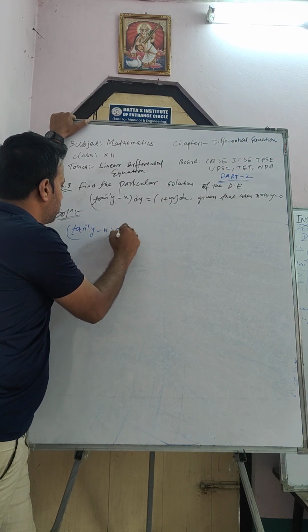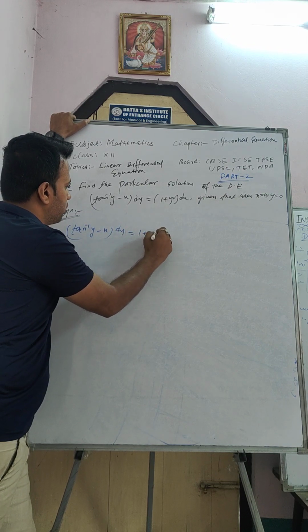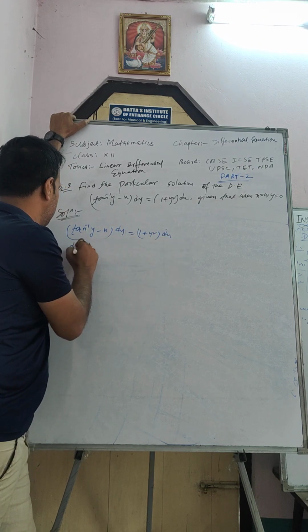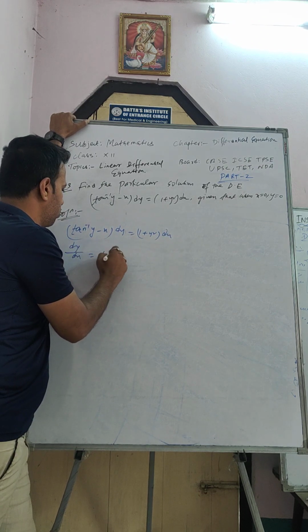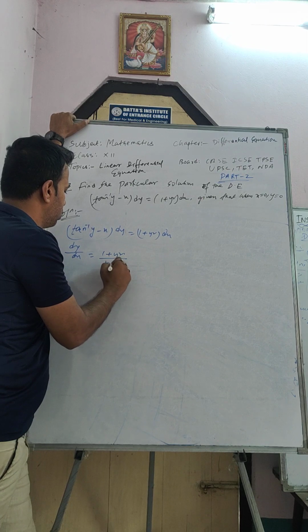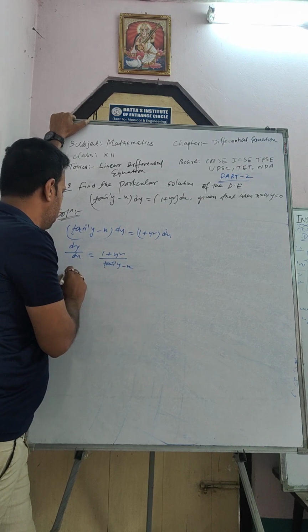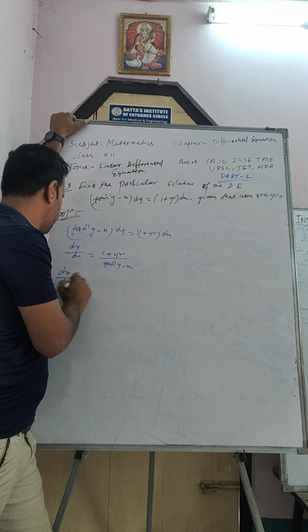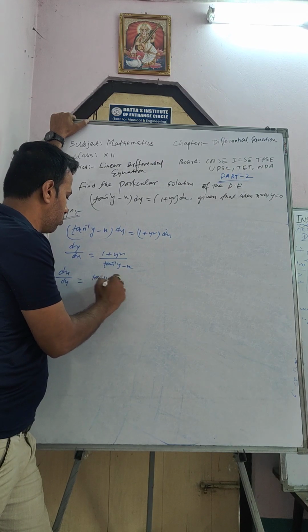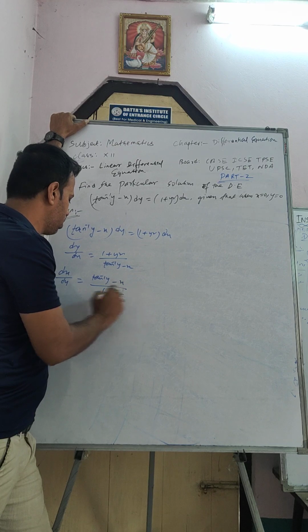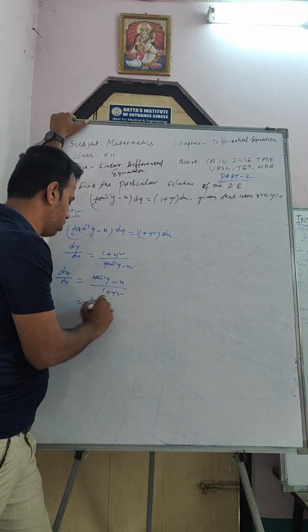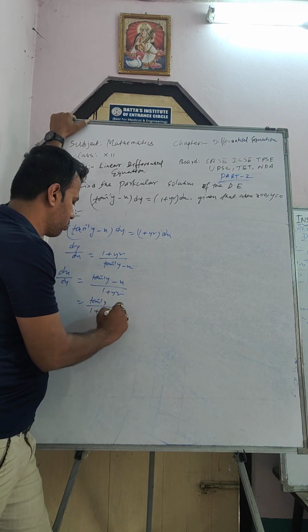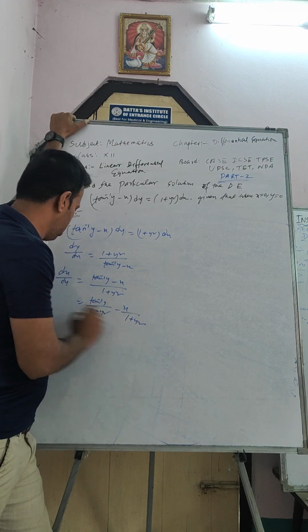tan inverse y minus x dy equal to 1 plus y square dx. So dx/dy is equal to tan inverse y minus x by 1 plus y square. Okay, so now I convert it: dx/dy equals tan inverse y by 1 plus y square minus x by 1 plus y square.